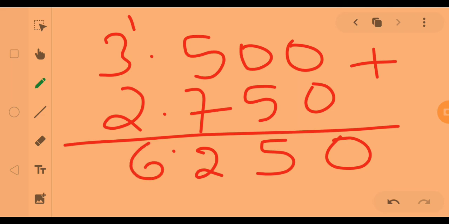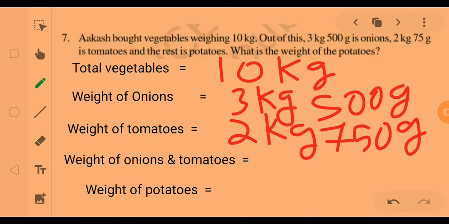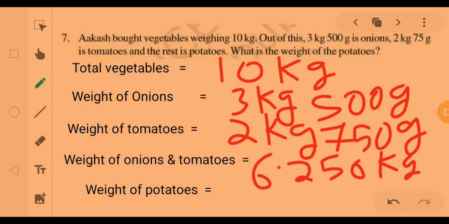So the total weight of tomato and onion is 6.250. 6.250 is the weight of onion and tomatoes. Then this weight we write here, 6.250 kilogram.